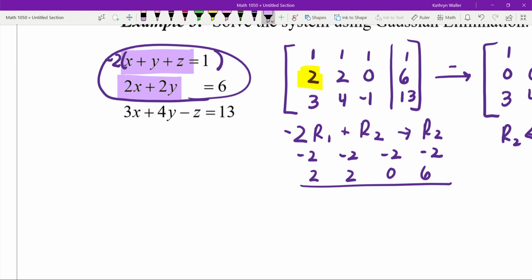So now I go 2A, plus 2B, enter. That one worked. Now I have to do the last one.